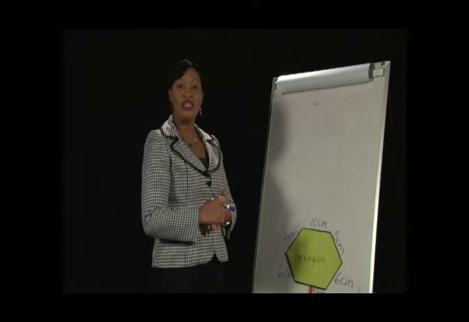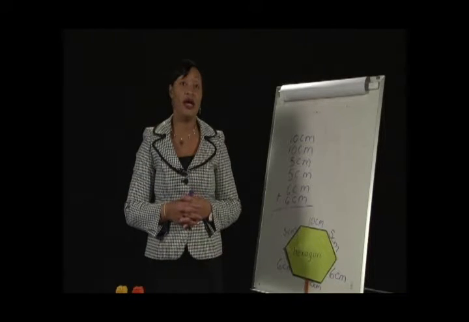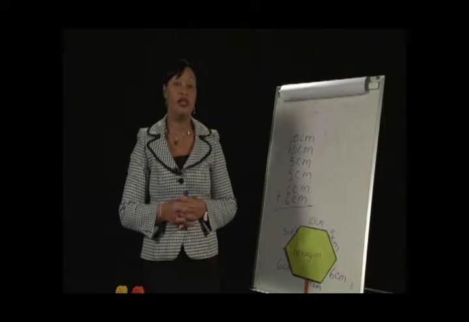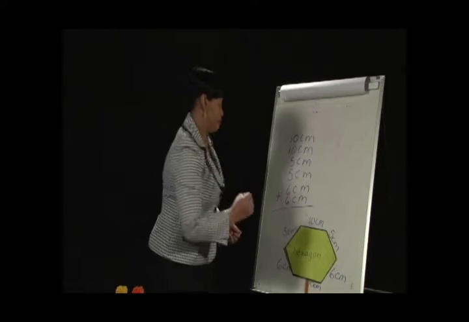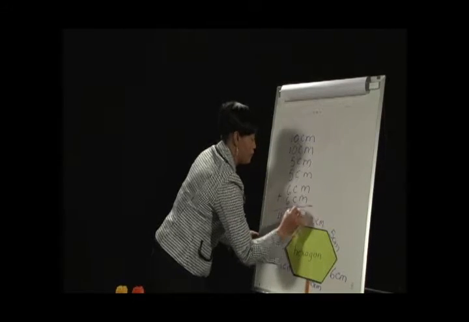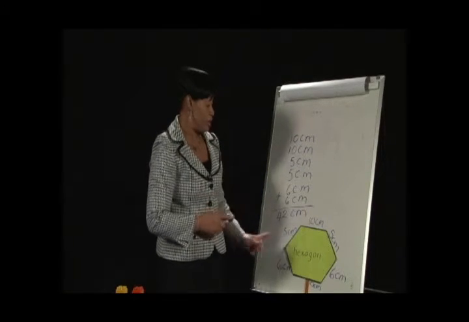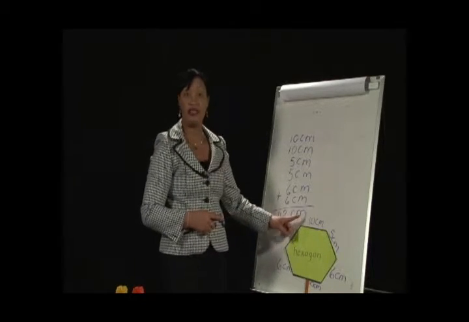Yes, we need to add up the measurement for all the sides. I am going to leave you to do this one on your own. What did you get for your answer? If you said 42, you are correct. So, the perimeter around this shape is 42 centimeters.